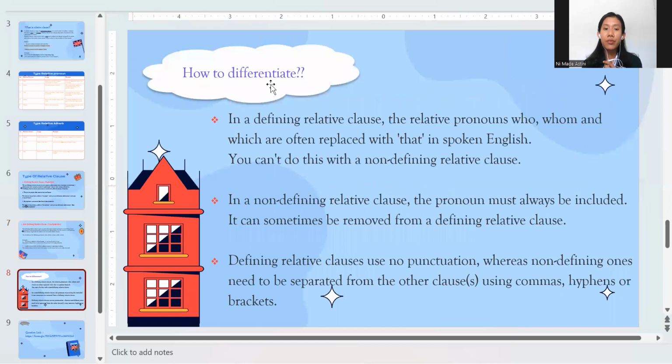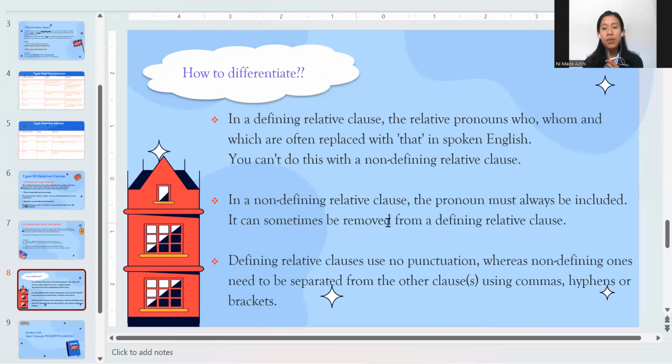So how can we differentiate between defining and non-defining relative clause? The first one, in a defining relative clause, the relative pronouns who, whom, and which are often replaced with that in spoken English, but you cannot do this in non-defining relative clause. Number two, in defining relative clause, the pronoun must always be included.